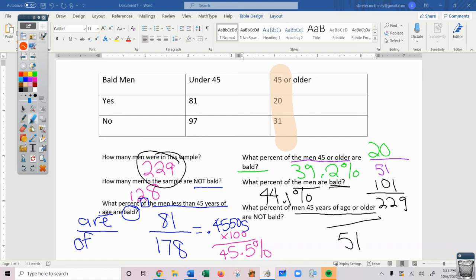That are not bald, so now I'm going to my not bald column, and I want 31 on the top. So when I take that 31 and I divide it by the 51 and turn it into a percent, I get 60.78. So if I'm rounding to the nearest tenth, I should have chosen the 60.8%.